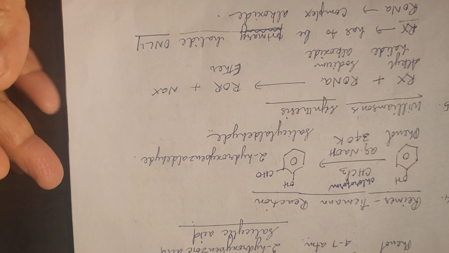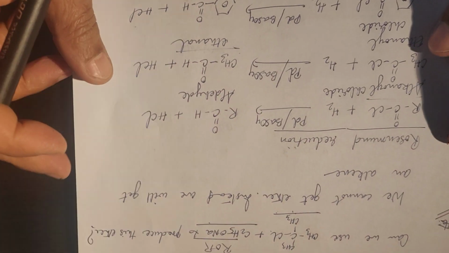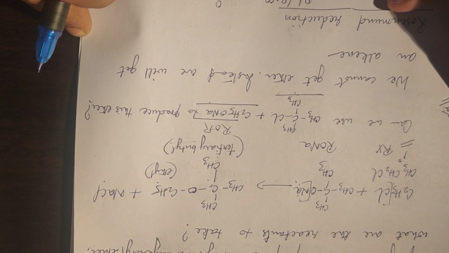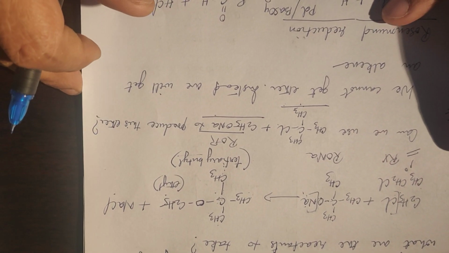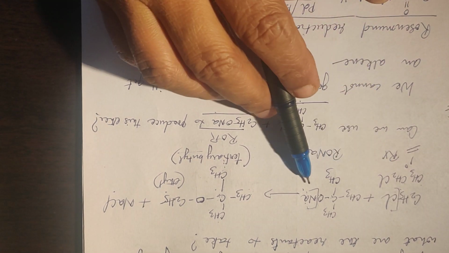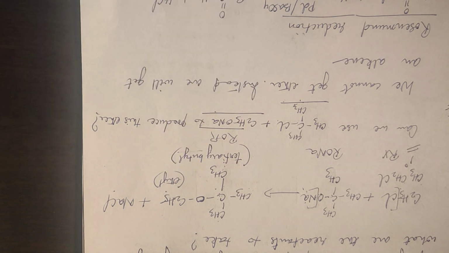Now, why is it so? Why should we take only primary halide? That is because if you take a primary halide and any complex alkoxide, you will get the desired ether.